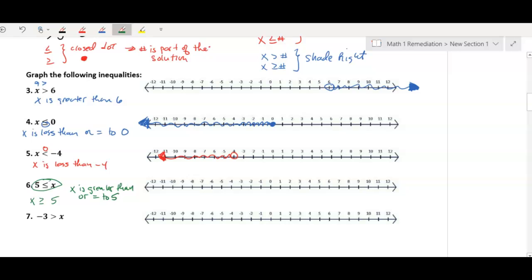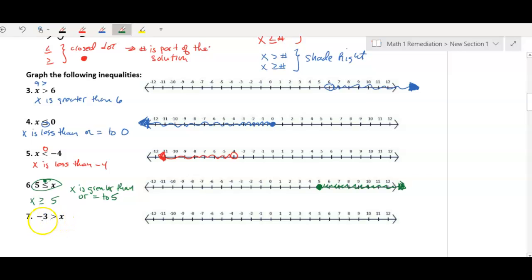So I know it's going to be a closed dot because I'm equal to. That symbol tells me equal to. So closed dot on 5. And right away I know greater than or equal to means we're going to shade to the right. And that would be the solution graphically.